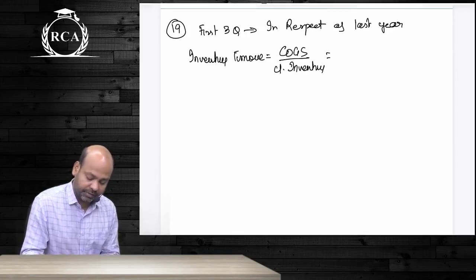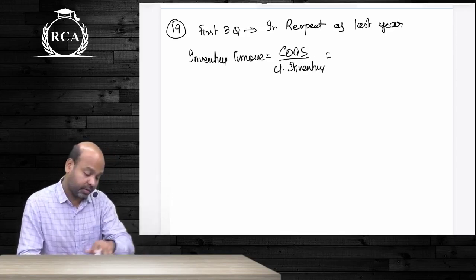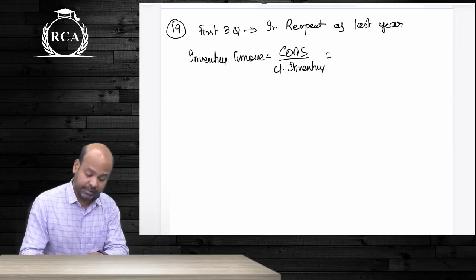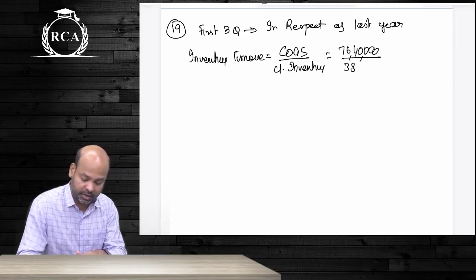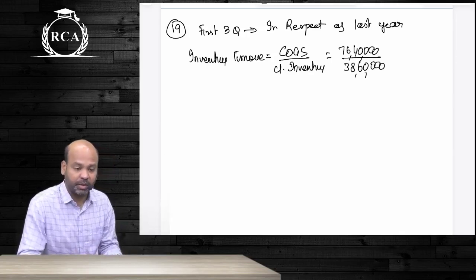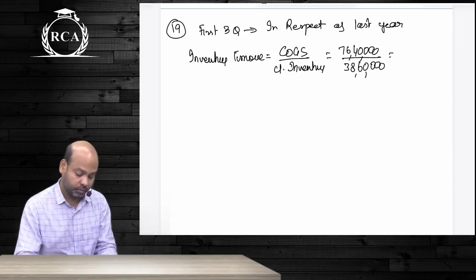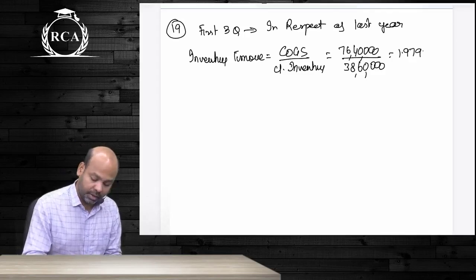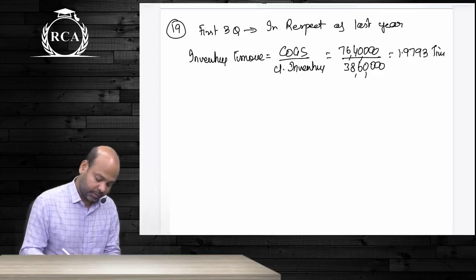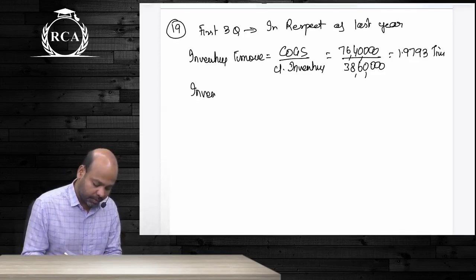COGS was 76 lakhs 40,000, divided by closing stock of 38 lakhs 60,000. Give the answer up to 4 decimal points: 1.9793 times.